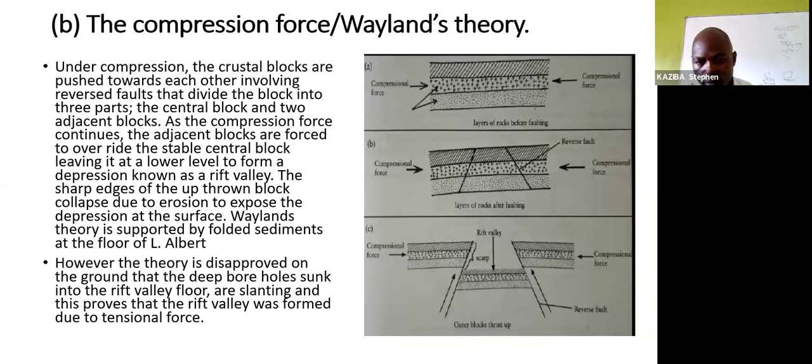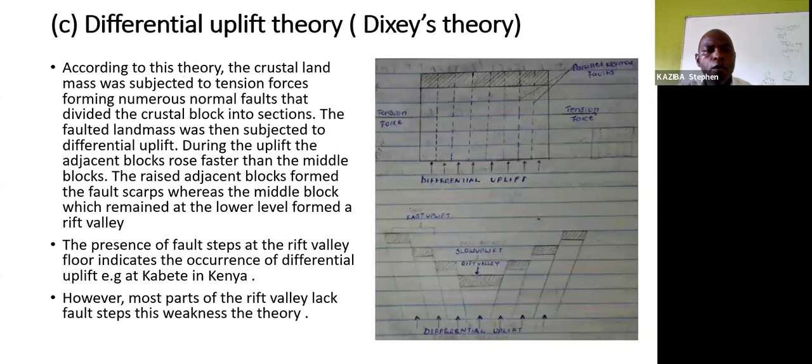Then we go to differential uplift. Now this is caused by rising convection currents, which lead to multiple faults, and land is uplifted at different rates. The 2 outer blocks are uplifted faster than the middle block.